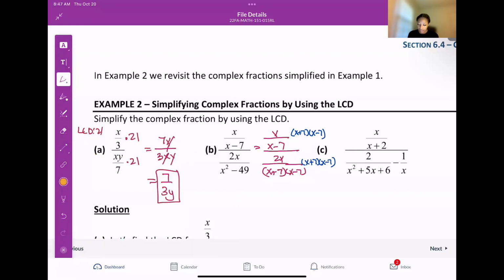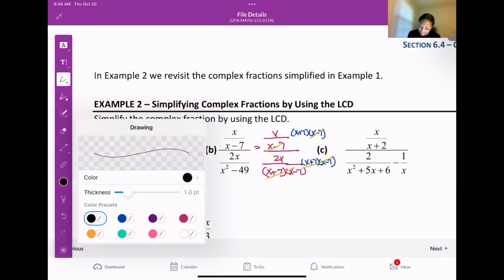We can see right away in a denominator that this is great. The entire second denominator is going to end up canceling out. Or the bottom denominator, I should say. So those cancel out completely, and we're just left with a 2x in the denominator. And then in the numerator, the x minus 7s are going to cancel.